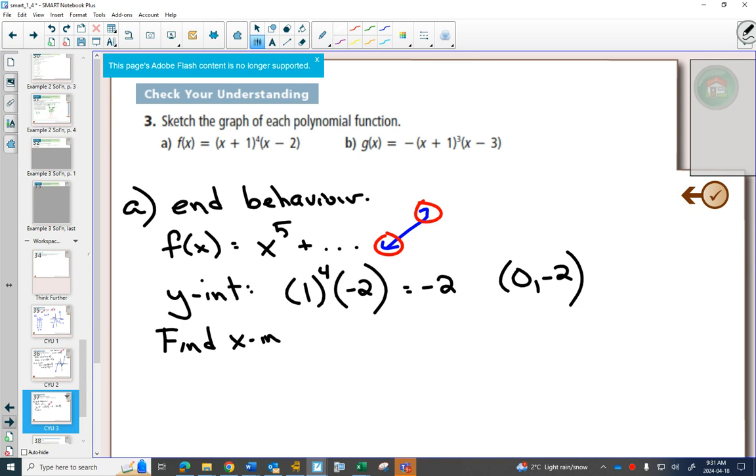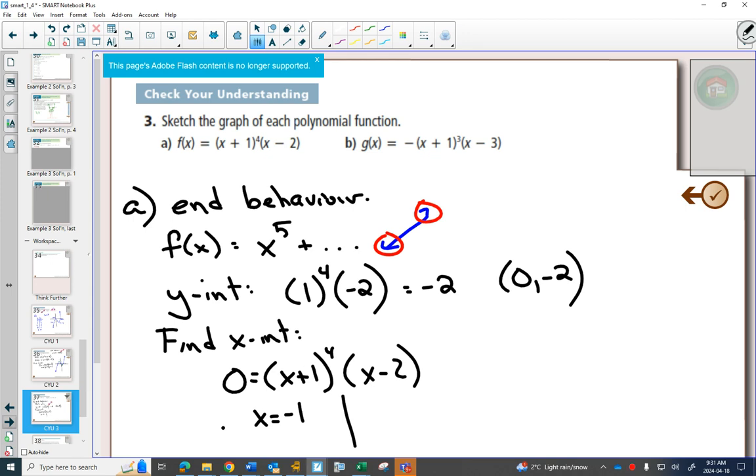Right? If we want to find our x-intercepts, we plug in 0 for y, and it's already factored. And we would say x equals negative 1, and I'm going to put in brackets here multiplicity of 4.